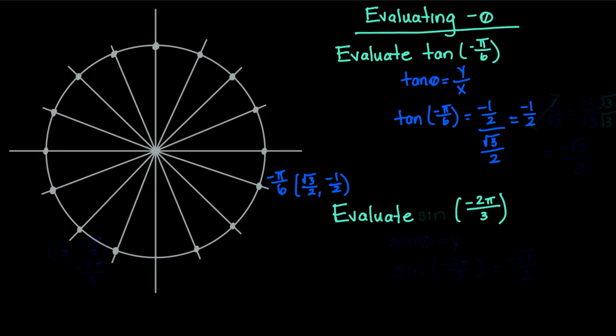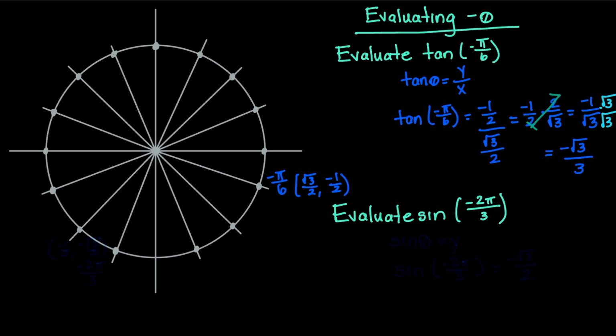Negative 1 over 2 times 2 over radical 3. I have a 2 in the numerator times a 2 in the denominator, so those are going to simplify to 1. Negative 1 over radical 3. We rationalize this. We end up with negative radical 3 over 3.